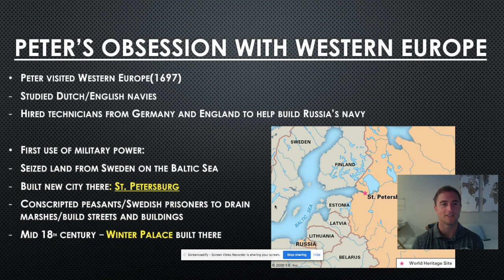The other thing about Peter is that he loves Western Europe. He wants to model Russia after Western Europe. Western Europe, here we are, look at this date up here, 1697, right? This is towards the end of this time period. And Western Europe is by far the richest area in the world right now, because we see that the English have established the British East India Company over there in India, and the Dutch have the Dutch East India Company, and the Spanish control most of North America, and the Portuguese are making all this money from Brazil.